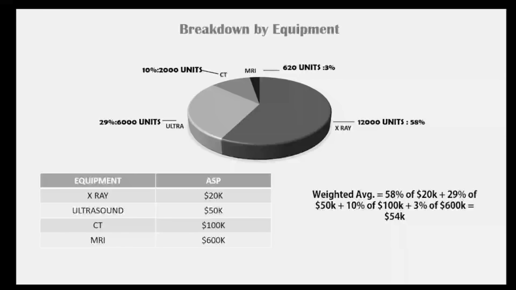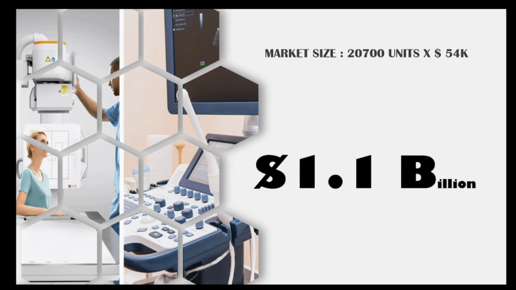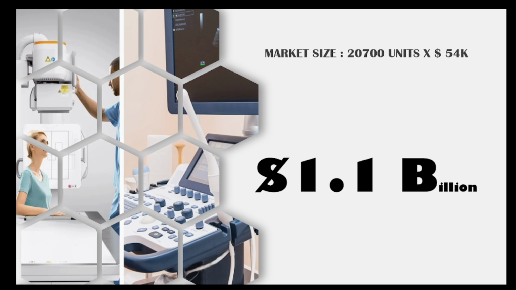So the final weighted average comes out to be around $54,000. Now we have the total units sold and the weighted average price of these equipments. If we multiply both of them, we will get the total market size. So if we multiply 20,700 by 54,000, we'll get approximately 1.1 billion US dollars.